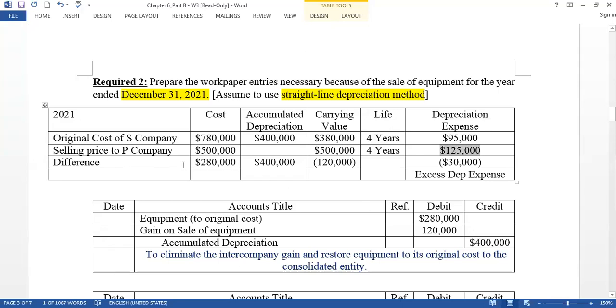Now, what is the difference of these two? The cost difference is $280,000. The original cost is $780,000, and the parent company recorded 500, so there is a difference of $280,000. Therefore, when we prepare the consolidated financial statement, we have to return the asset to its original shape.